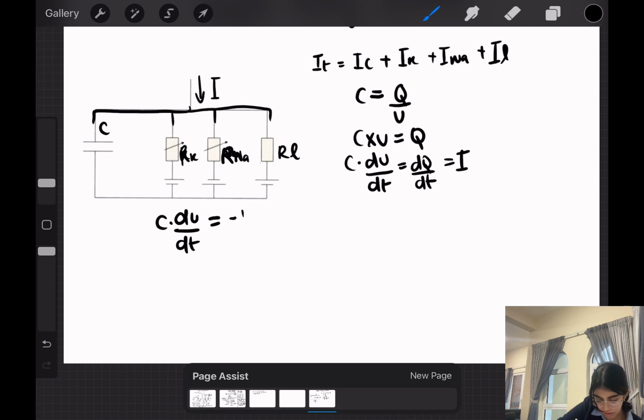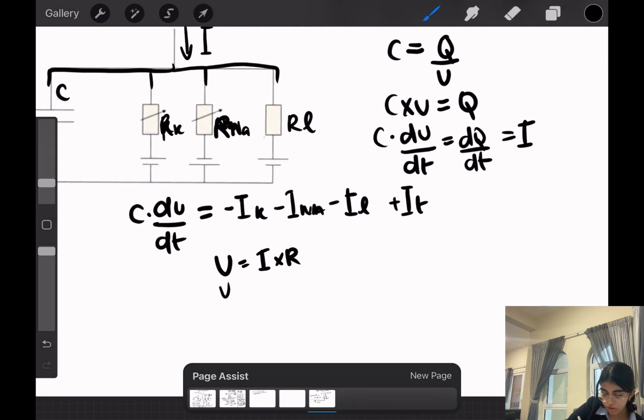So minus IK minus INa minus IL plus IT. And now we need to bring in Ohm's law, as the rest of these formulas will follow Ohm's law. So U equals I times R, and to find I, we need to do U divided by R equals I.